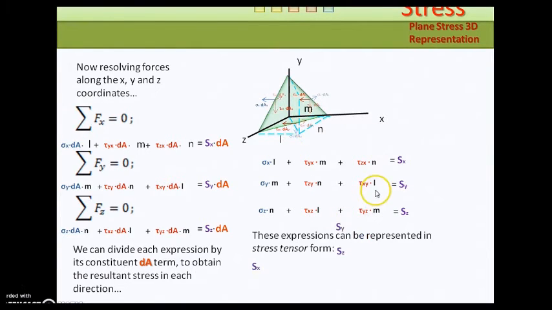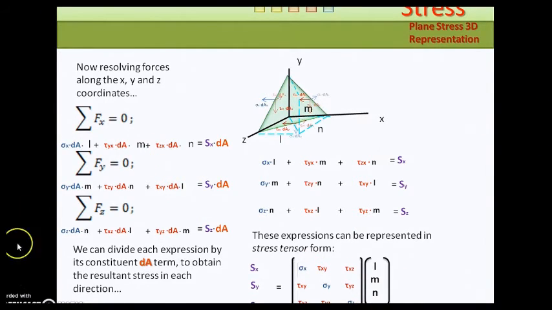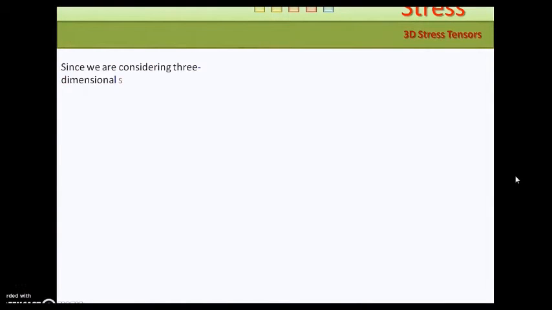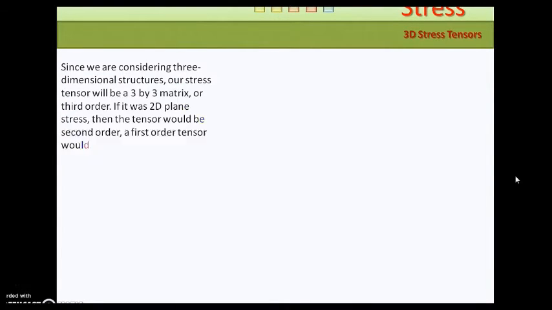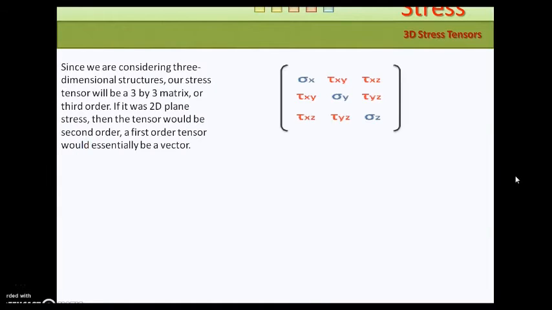And these can be rearranged into matrix form, also known as the stress tensor. For the three-dimensional case, the stress tensor is a 3x3 matrix.